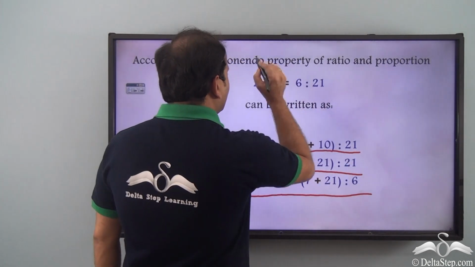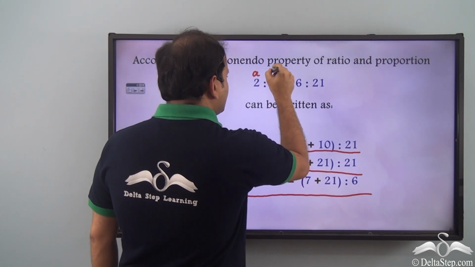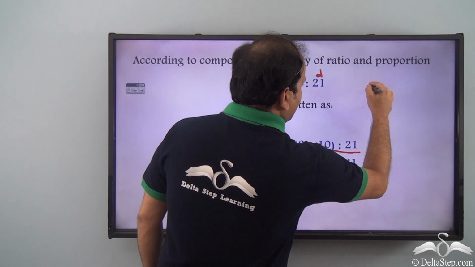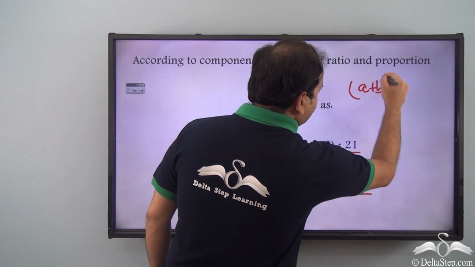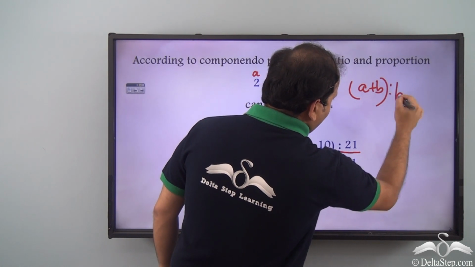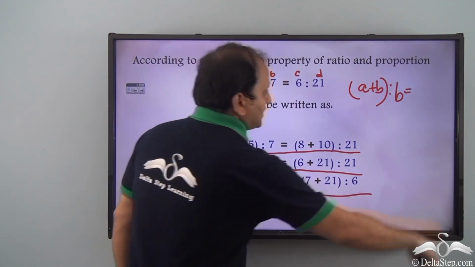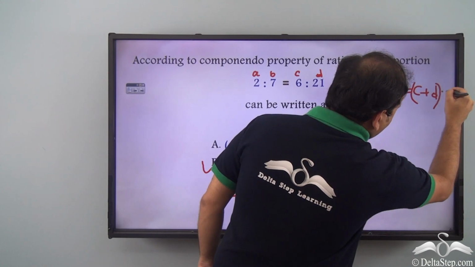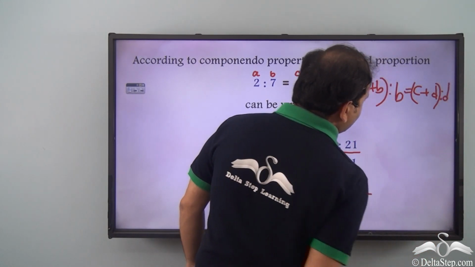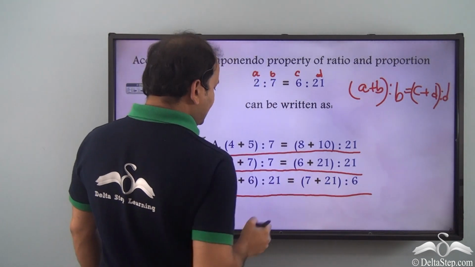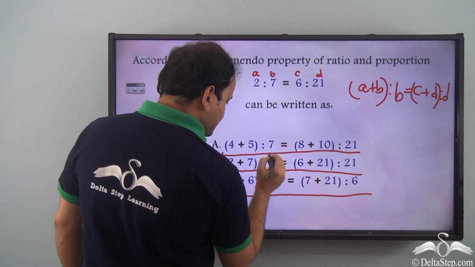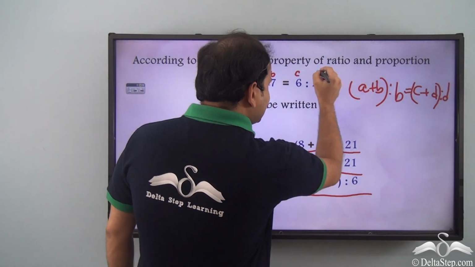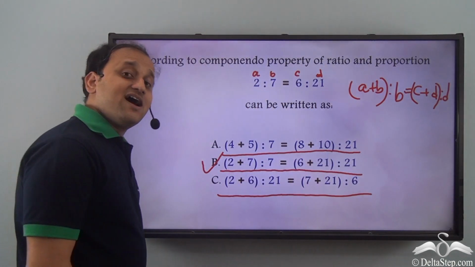We know that if A is to B is equal to C is to D, then A plus B is to B is equal to C plus D is to D. So here we have A plus B, that is 2 plus 7 is to B, which is 7, is equal to C plus D, 6 plus 21 is to D, 21. So this is correct.